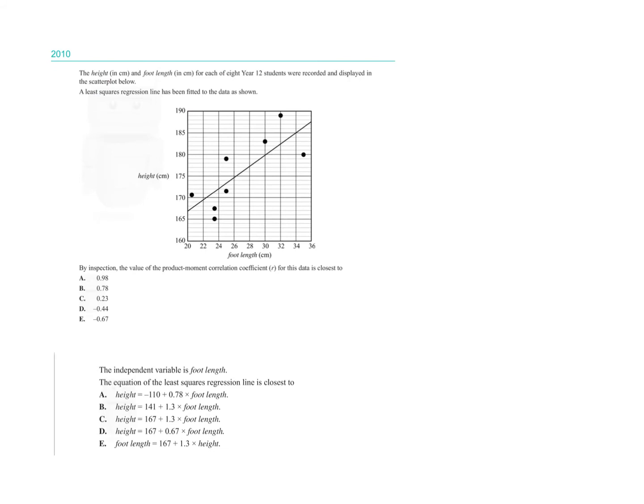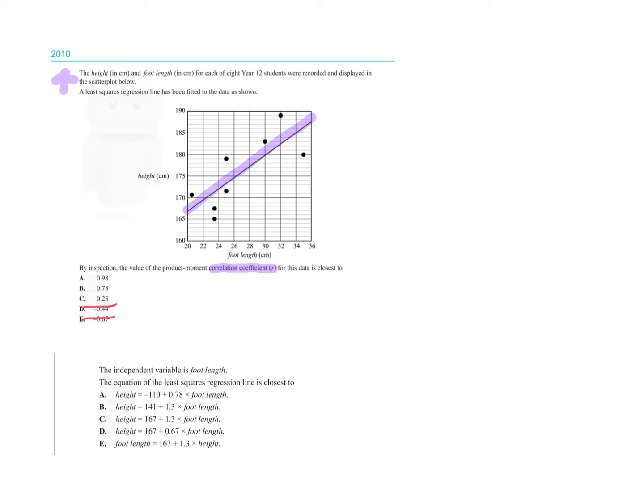Okay, looking at this question here, it says you've got the height versus foot length, and they've created a scatter plot. By inspection, the product moment correlation for this data is, so they want you just to estimate R. So first of all, you can see it's going upwards. So it's definitely not a negative R value, so you get rid of this.